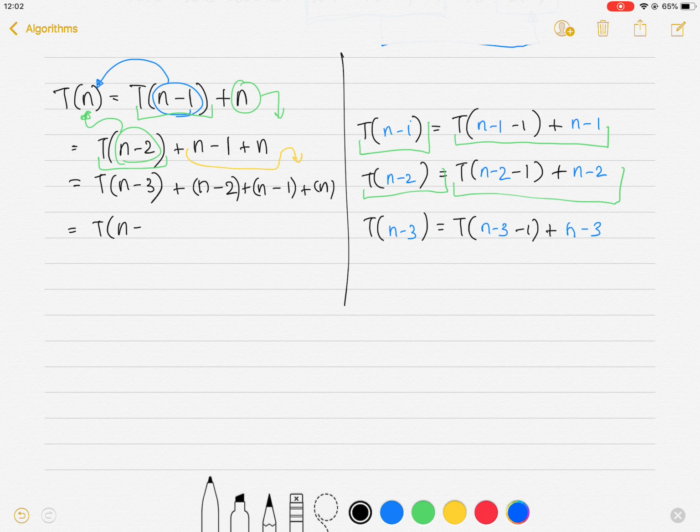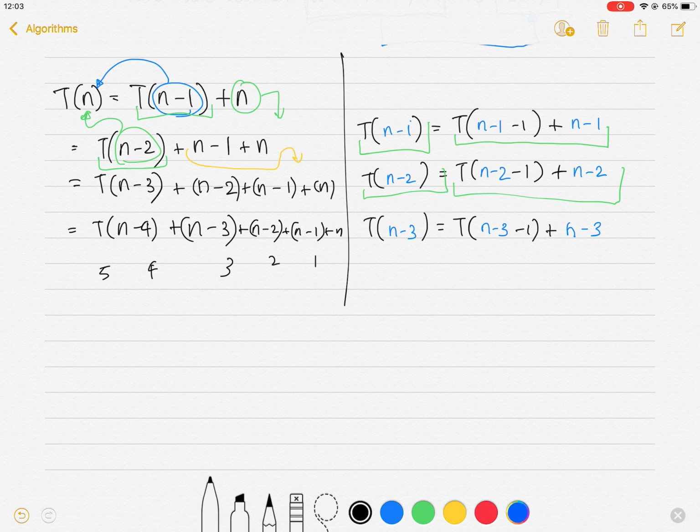So t of n is equal to t of n minus 4 plus n minus 3 plus n minus 2 plus n minus 1 plus n. The pattern that we see here is that this increments, 1, 2, 3, 4, until it hits some base case.